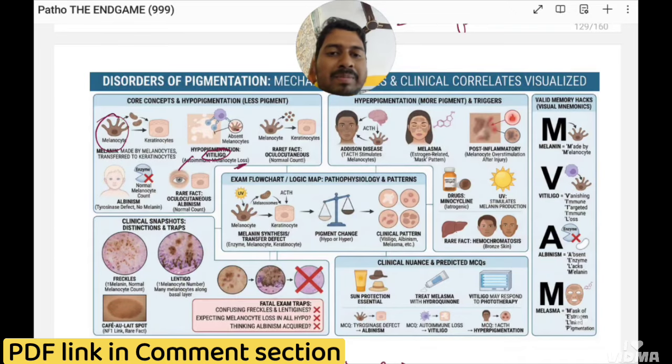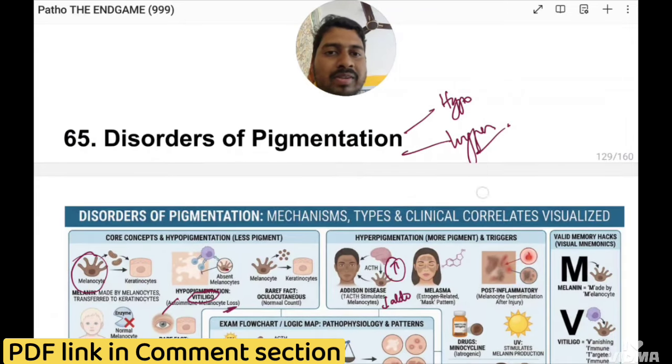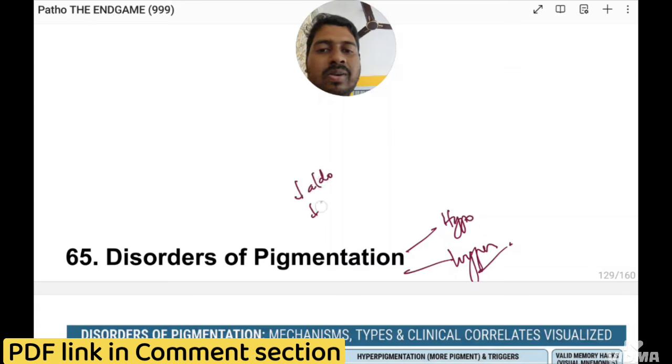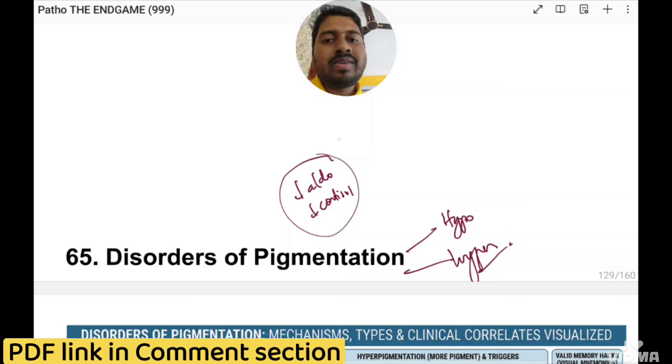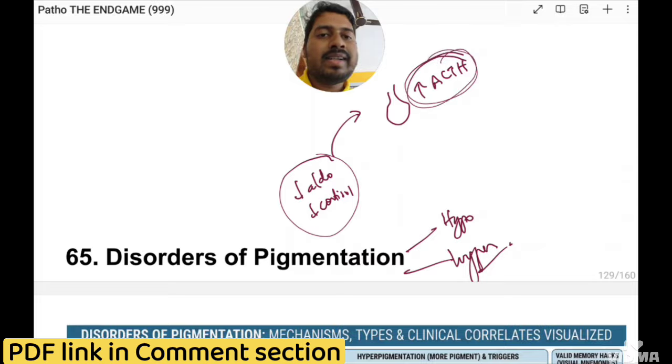We'll see some hyperpigmentation things also. ACTH is the reason for melanocyte stimulation. If ACTH is increased, as occurs in Addison's disease, where there is decreased aldosterone and decreased cortisol secreted from the adrenal gland, there is feedback on the pituitary gland, and the pituitary increases ACTH as a compensatory response.